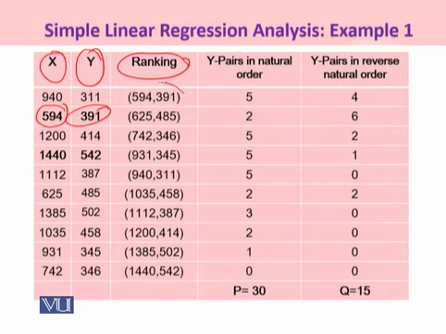So the 594, 391 pair is chosen. Then the last value under x, which is the largest value, is 1440, and the y value against it is 542, appearing at the last. So you will be picking up the values of y according to the ranked values of x.